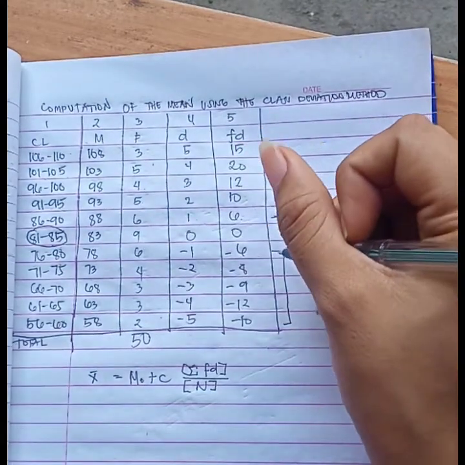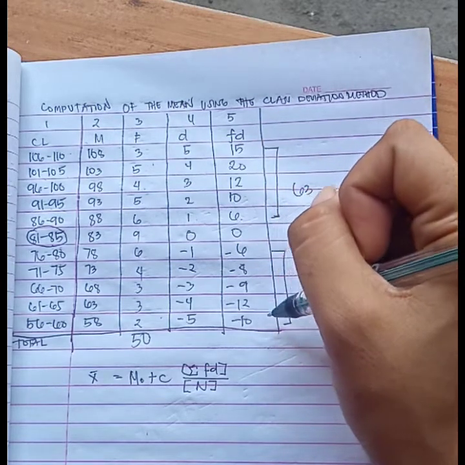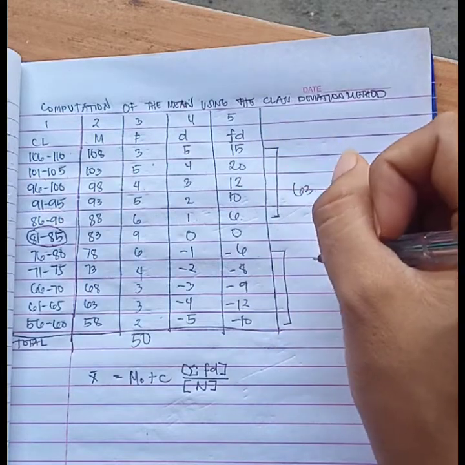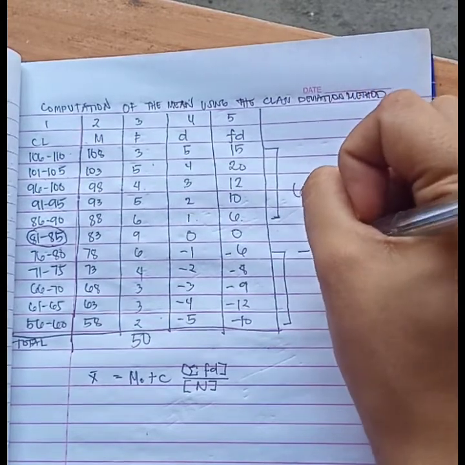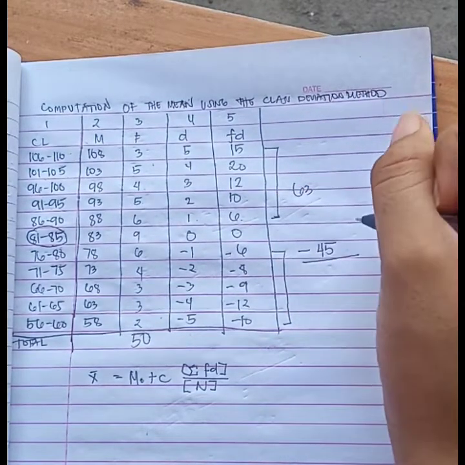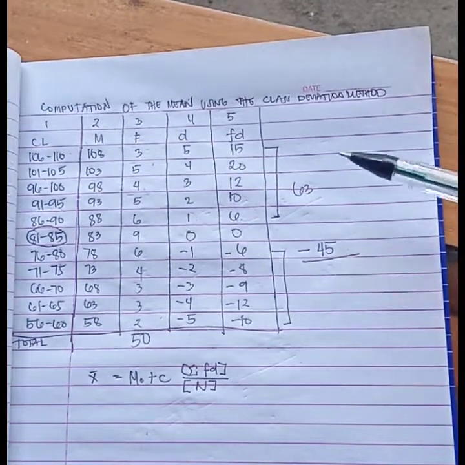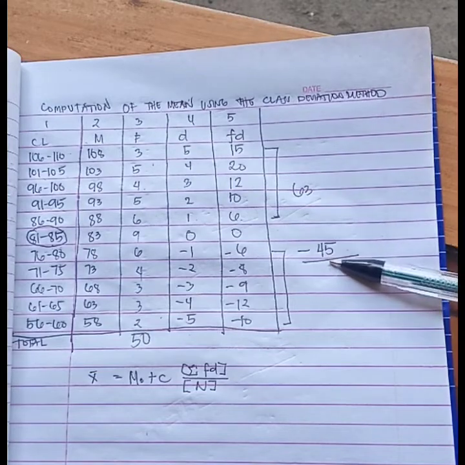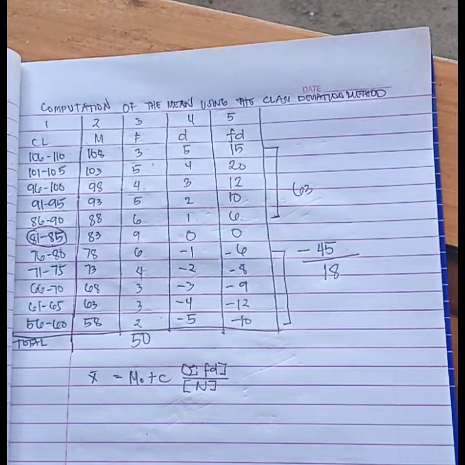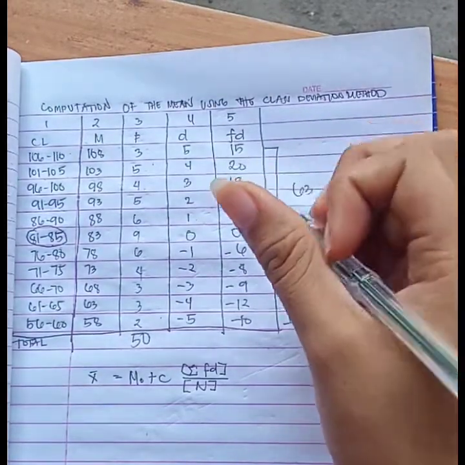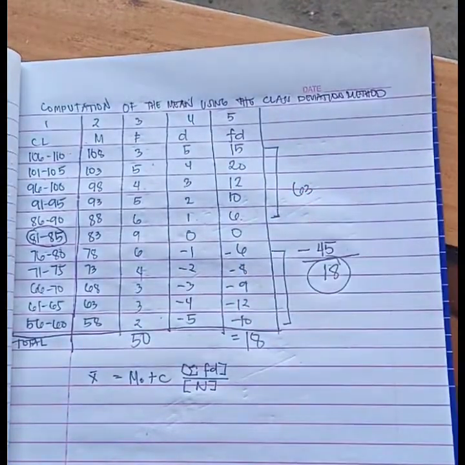Negative 6 plus negative 8 plus negative 9 plus negative 12 plus negative 10 is equal to negative 45. And then we're going to subtract: positive 63 minus negative 45 is equal to positive 18. That means that the summation of frequency times deviation is equal to 18.